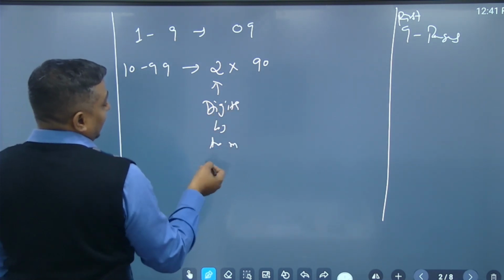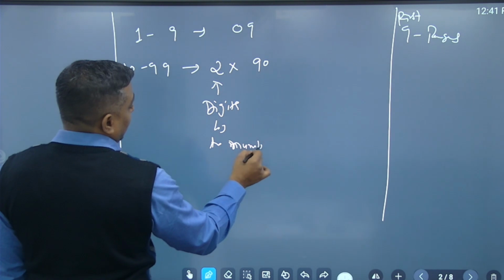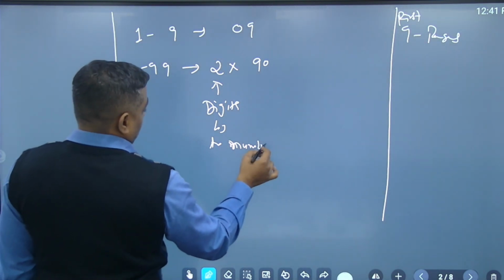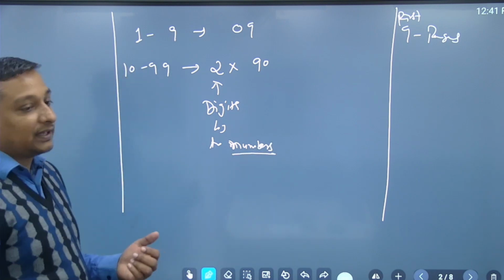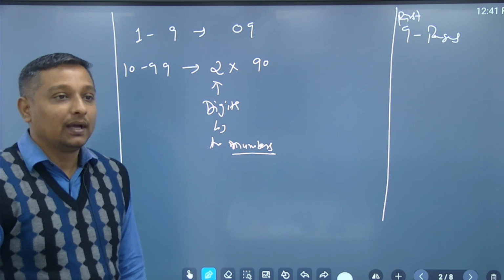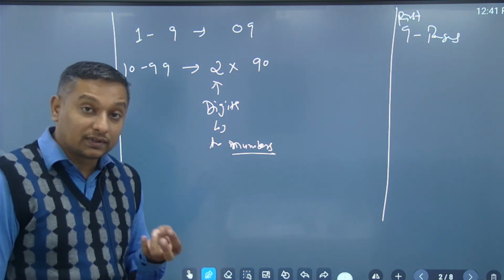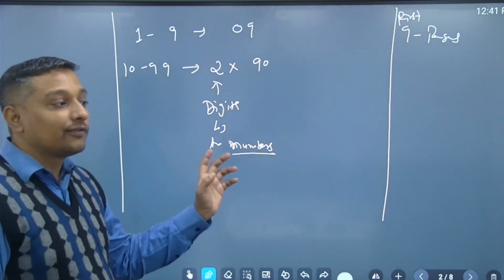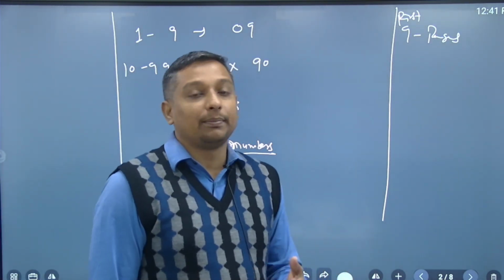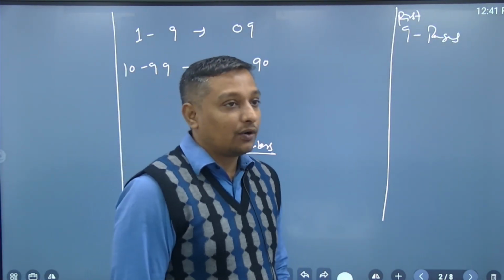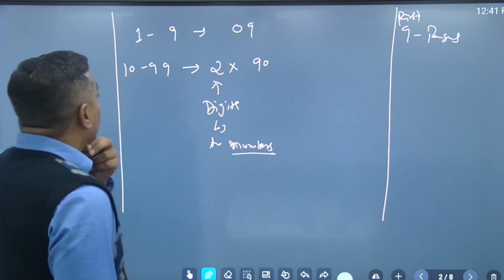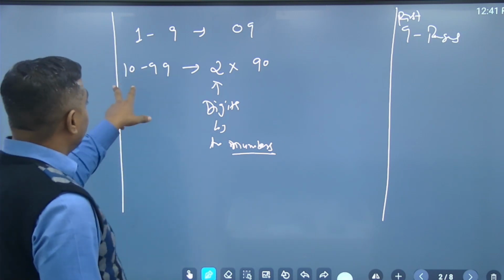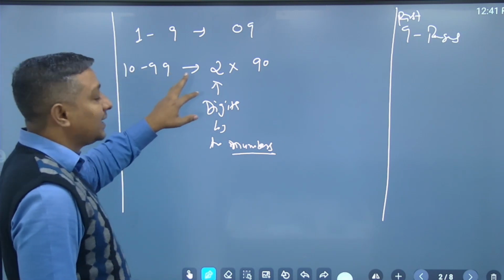Many a times while teaching in the classroom I have observed that students find this type of question difficult, but I find such questions the easiest. These are for those who are not dependent upon formula, who are not muggers, who are the real appliers of the brain. So for 10 to 99, there would be 90 numbers.